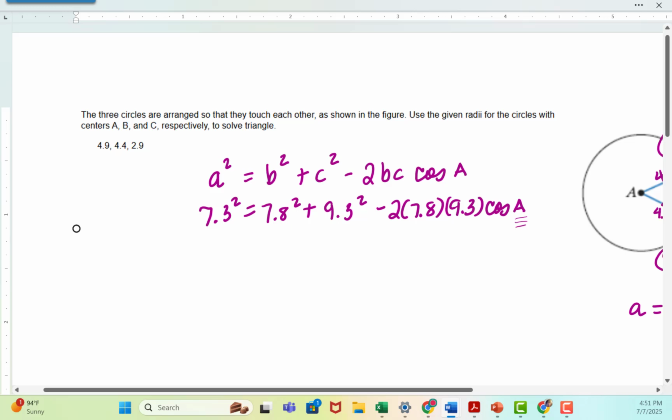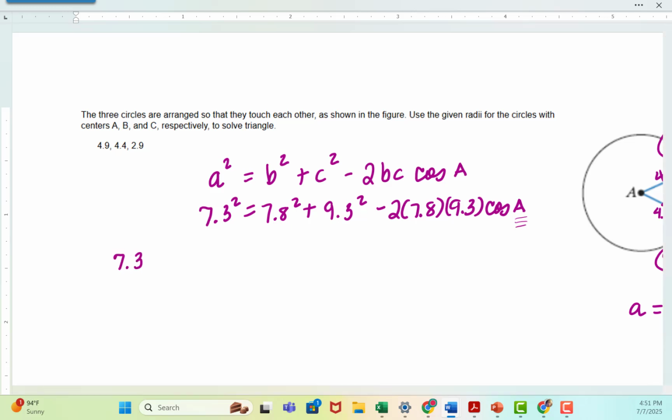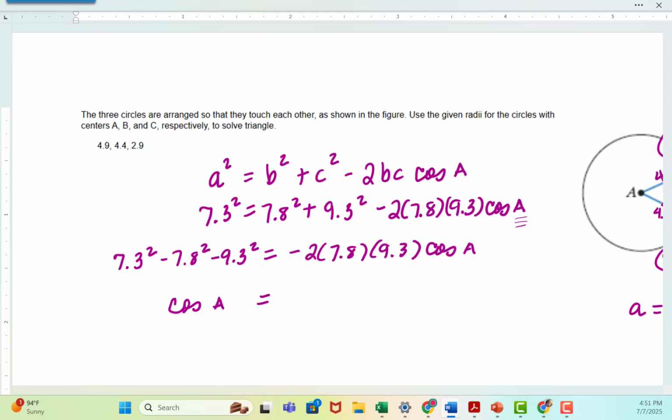So we could get that 7.3 squared minus 7.8 squared minus 9.3 squared is equal to negative 2 times 7.8 times 9.3 times cosine A. So cosine A is 7.3 squared minus 7.8 squared minus 9.3 squared over negative 2 times 7.8 times 9.3.